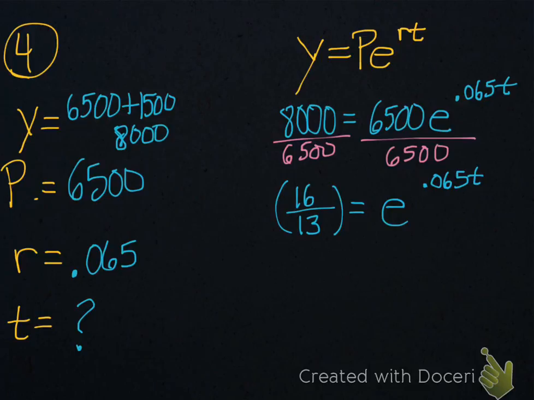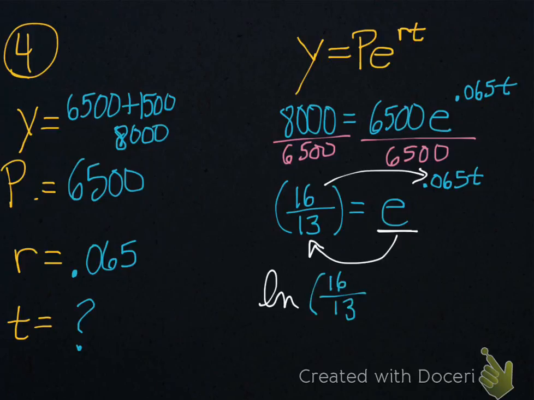Now remember, to solve for the exponent, I have to turn it into a log. So I start with my base, go across, and have it equal to my exponent. A log with a base e is called ln, so I actually don't have to write the base. So I have ln of 16 over 13 equals 0.065t.